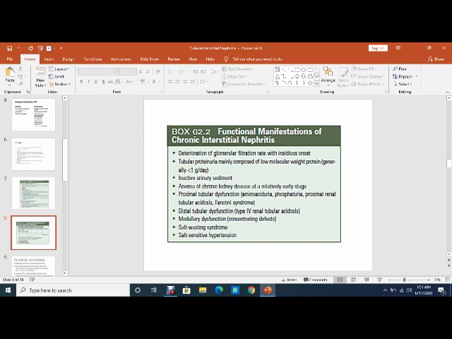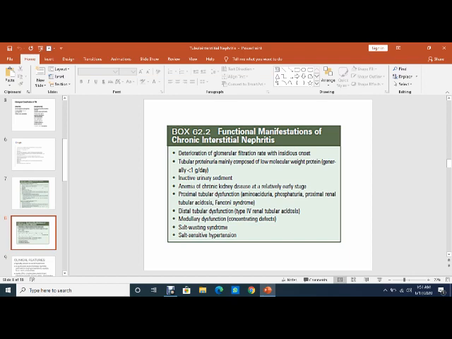Inactive urinary sediments means hematuria and cast cells are not present. These patients, if they develop CKD, chronic kidney disease, become anemic due to erythropoietin deficiency.